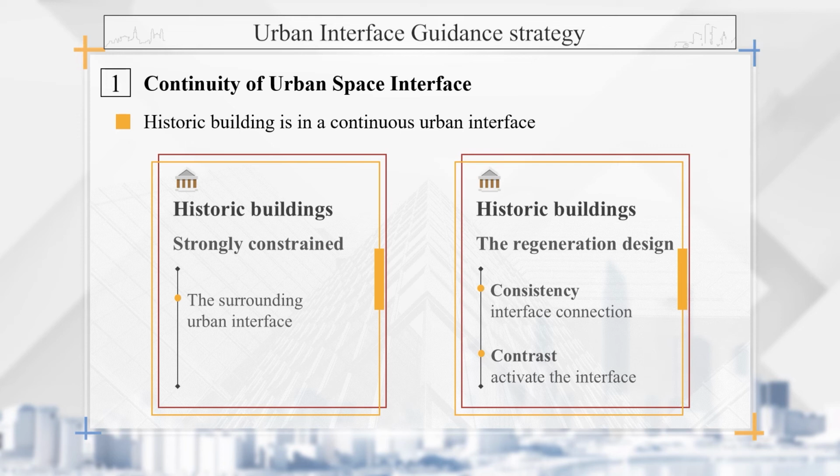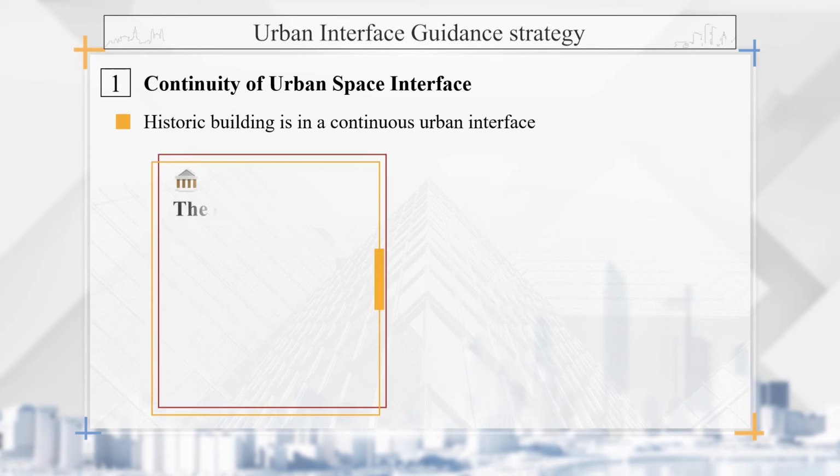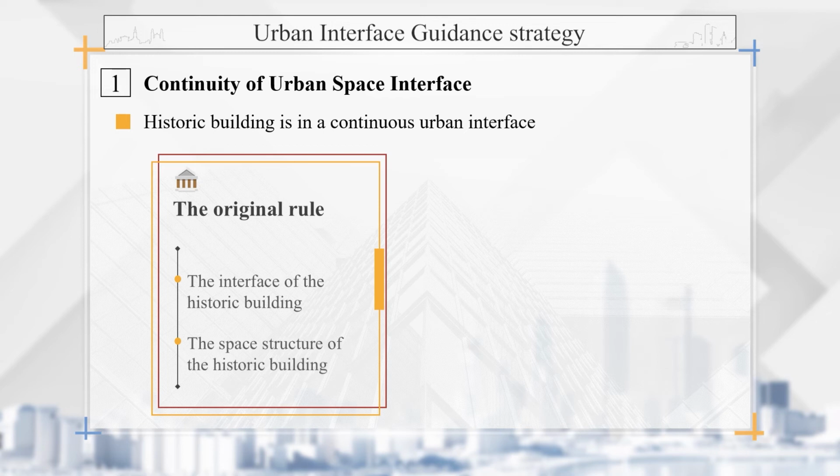Of course, in a controlled proportion, it is also feasible to change the urban interface with variation in form and activate the interface into a certain contrast. In a continuous urban interface, it is necessary to preserve the original of the whole interface and the space structure of the historical building as much as possible.